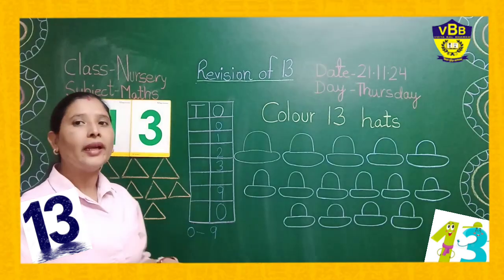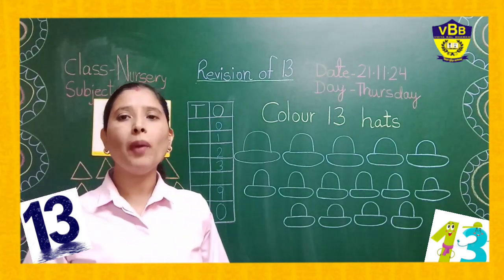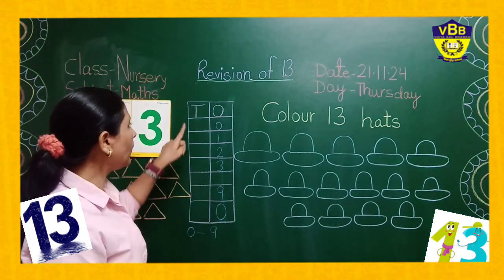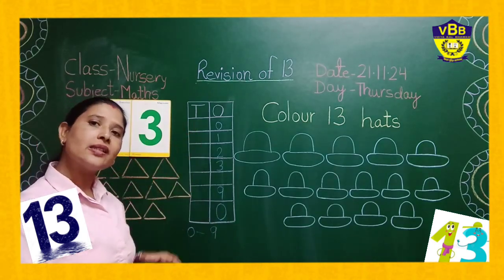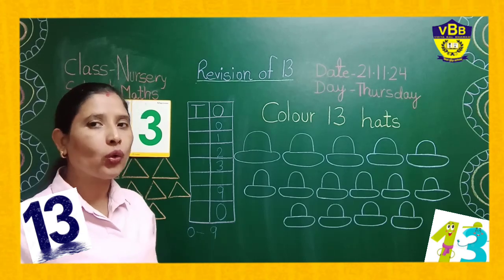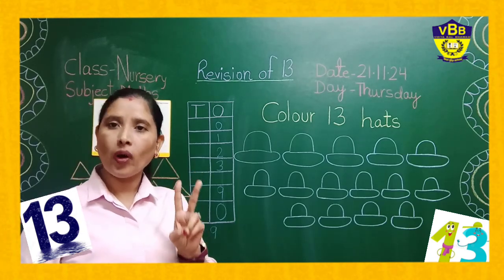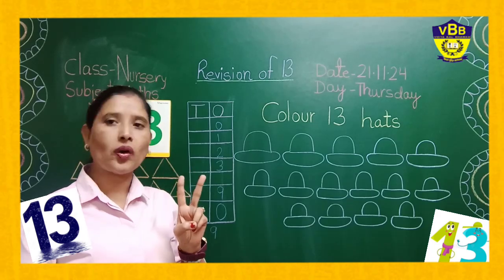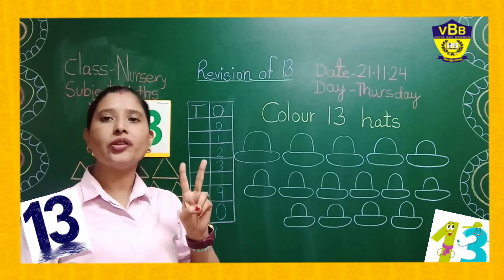Because 10 and onwards, numbers have 2 digits, we use the tens place to write such numbers. So if we want to write number 13, we are going to use 2 boxes. How many boxes? 2 boxes, because it is a 2-digit number.